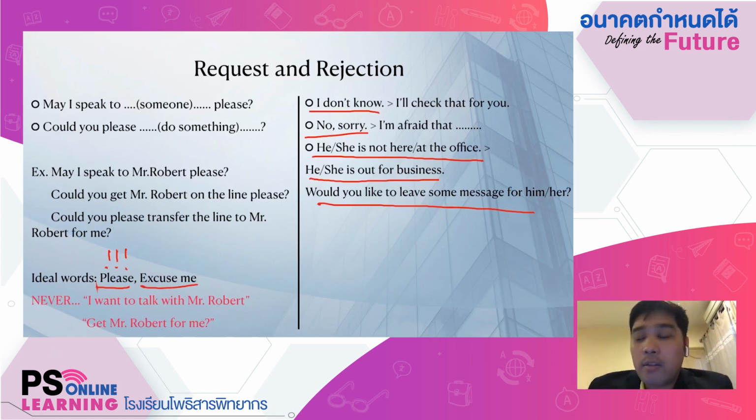This is a very good example because if she or he is out of the office, one thing you can do to help the caller is ask whether they have some notes to leave. Okay? This is a very simple request and rejection.